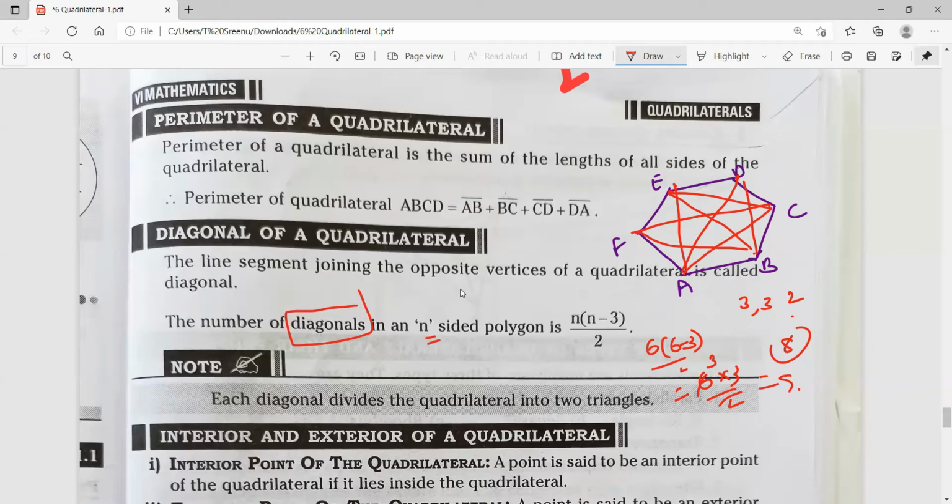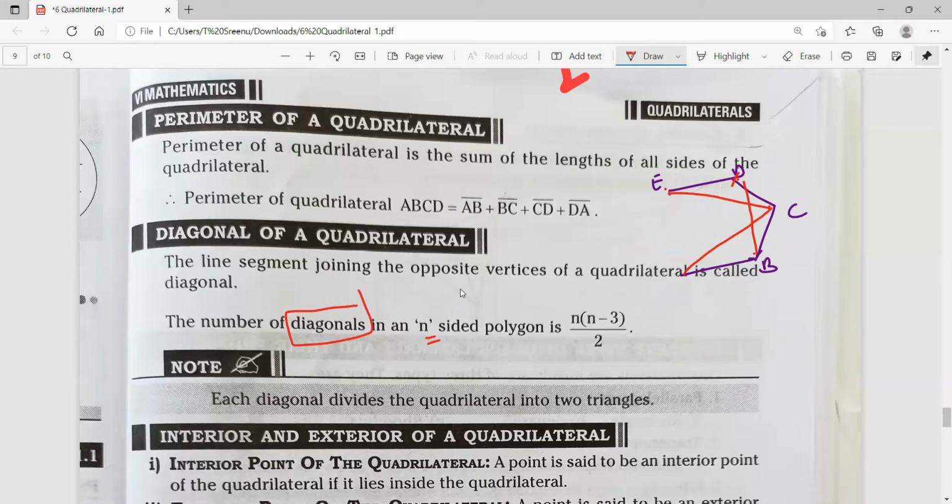Sorry, here we missed FD. Okay, total 9 we got. From E we don't get any new ones, already there. From F also we don't get. So like this, we can find the number of diagonals when the number of sides of the closed figure is known: n(n minus 3)/2.